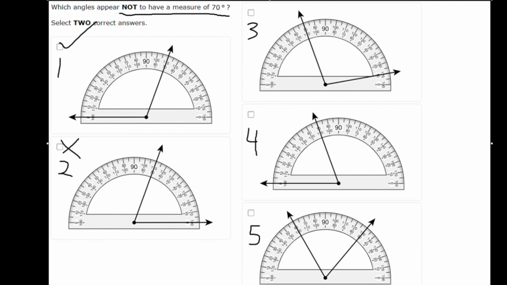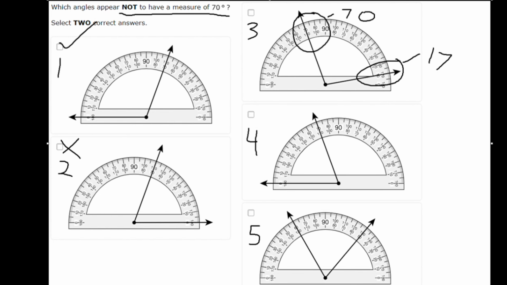Let's check out option number 3. Okay. Option number 3 has 2 lines that line up at this area and this area. Remember, I am only using the top numbers, not the bottom ones. So here, the top numbers read 70. And here, the top number reads 170.